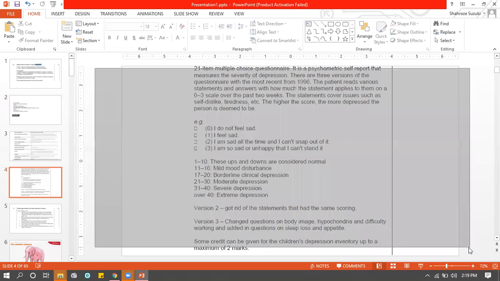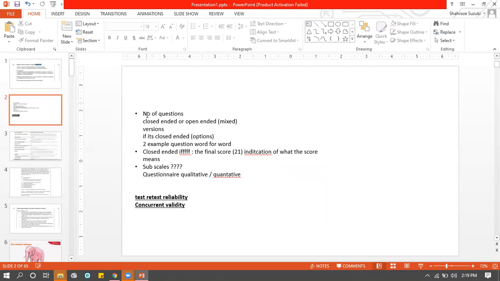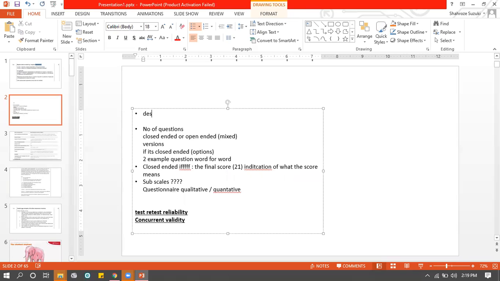This is from your CIE marking scheme of the question that is going to ask you to describe the BDI. Describe the Beck Depression Inventory. It's always going to be 4 marks.